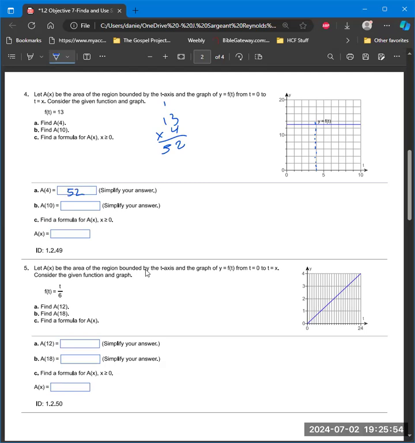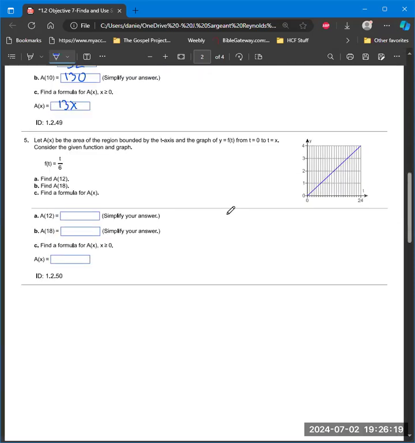If we go all the way out to 10, that's 10 times 13 is 130.